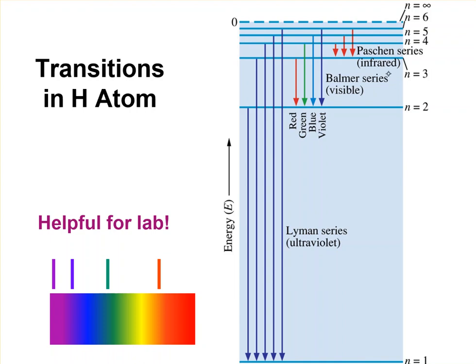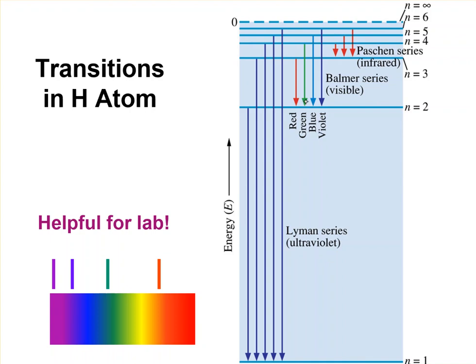Okay, and how that affects things is that these are the possible transitions for electrons. Like if an electron goes from the second to the first, or if it goes from the third energy level to the first. Because of the spacing of these, all of the transitions where they end at the first principal energy level, n equals 1, involve higher energy photons than any of the transitions that end at 2.